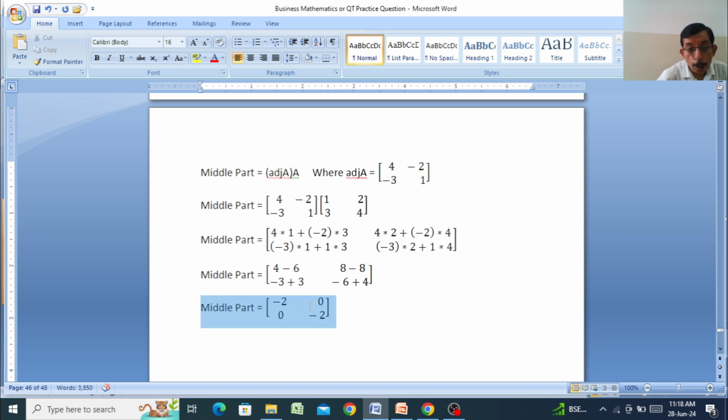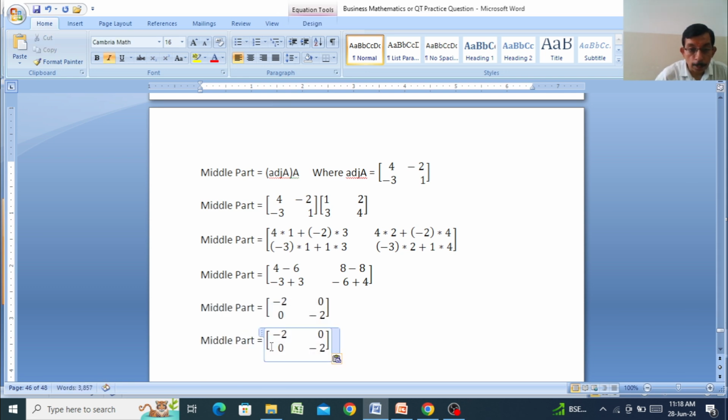Now we take the common value minus 2 from the matrix. Taking minus 2 common, the remaining value is 1, then 0, and minus 2 common here, the remaining value is 1.